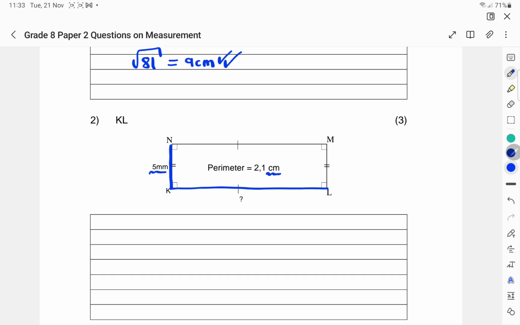So I'm going to stick to millimeters and I'm going to change the perimeter to 2,1 centimeters. How many millimeters in a centimeter? There's 10. So I'm going to times by 10. So there's 21 millimeters. Okay, so if this side is 5 over here, then this side would also be 5.